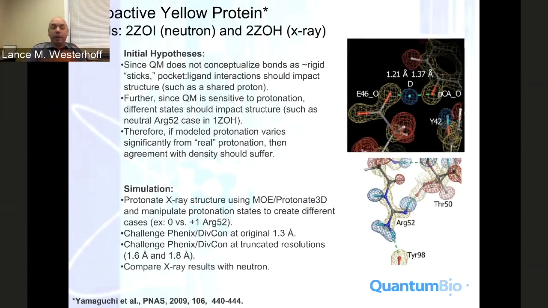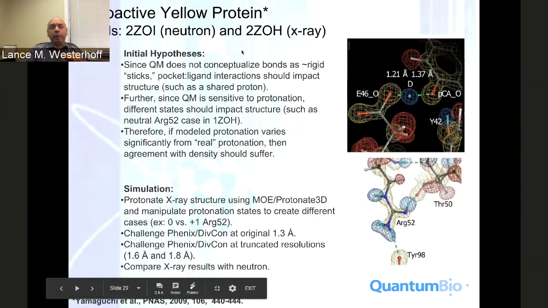The hardest part of this whole process turned out to be, can we find some good examples? Neutron diffraction is the go-to approach, where experimentally we can show what the protonation state is, but of course everybody knows there are very few neutron diffraction examples, and back when we started doing this a number of years ago, there were even fewer.